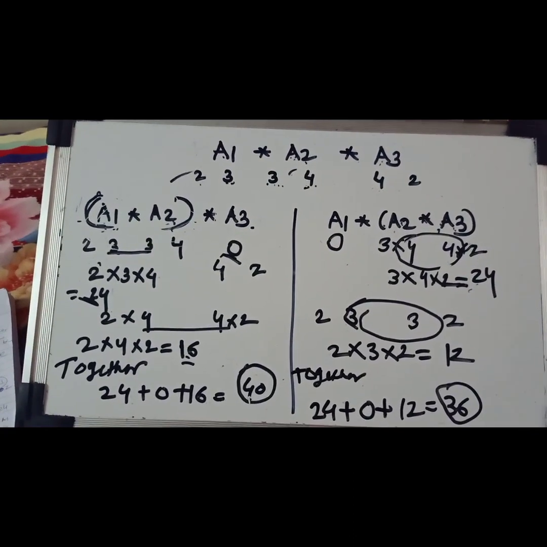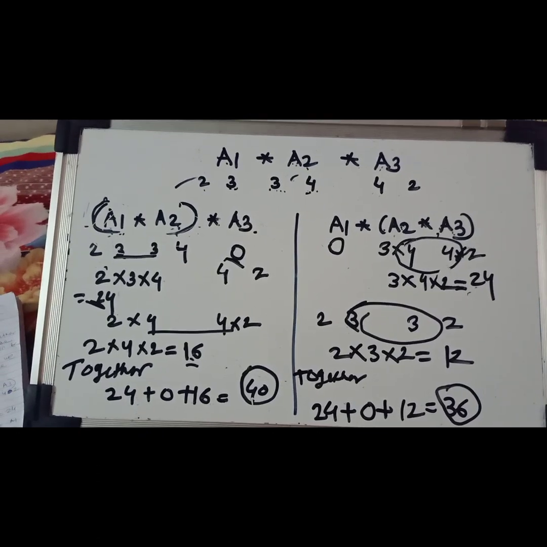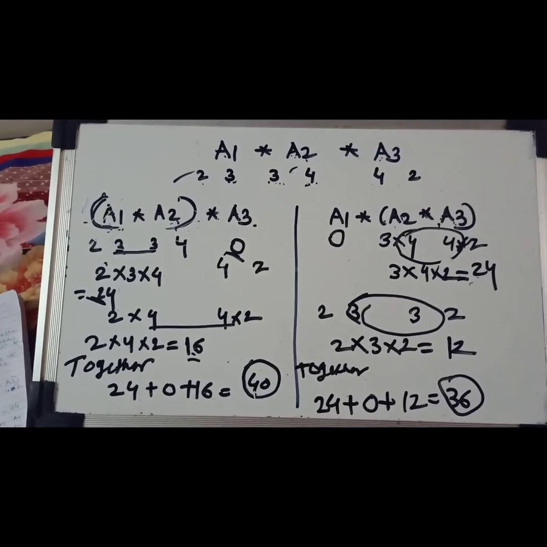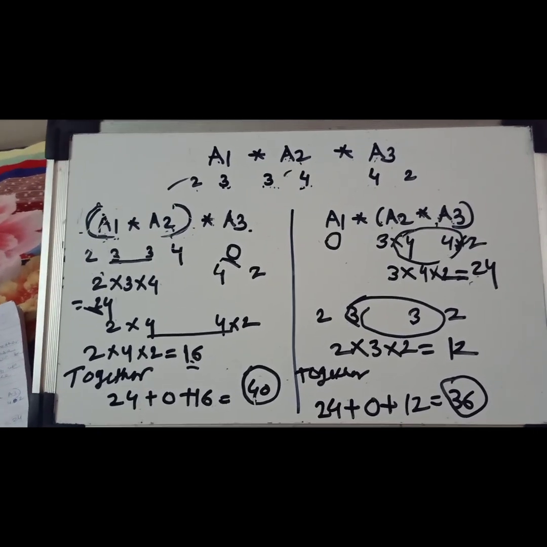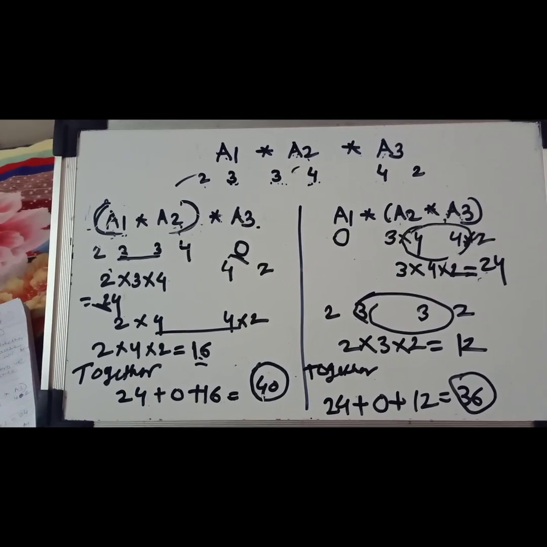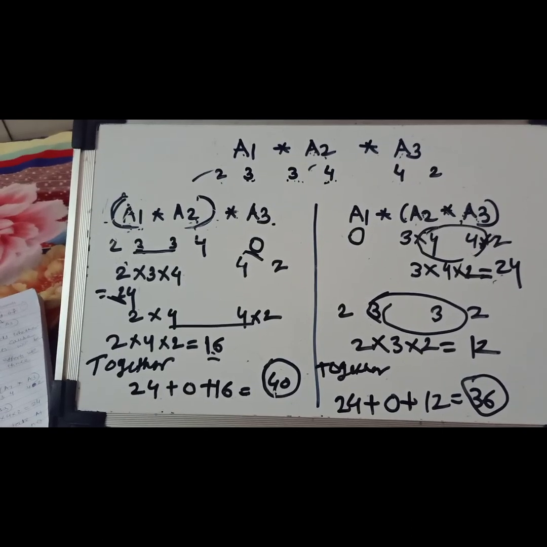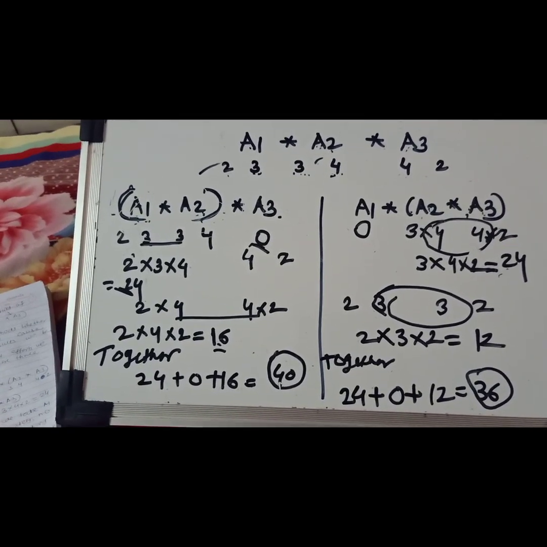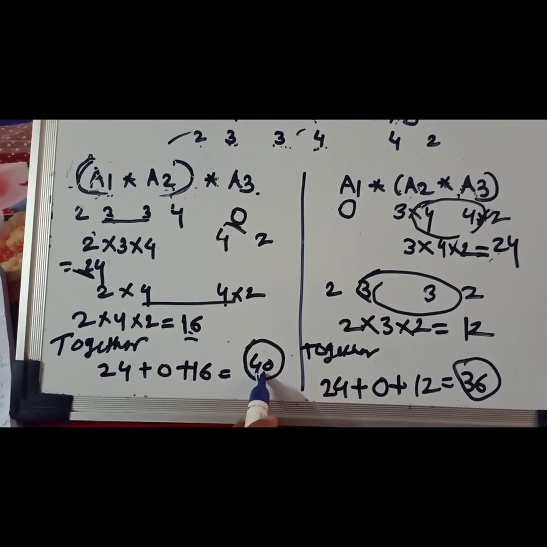So if I want to multiply the three matrices a1, a2, a3, I have to first decide the sequence of the two matrices that I am going to multiply. If I am multiplying a1 and a2 first and their result with a3, I require a total of 40 multiplications.